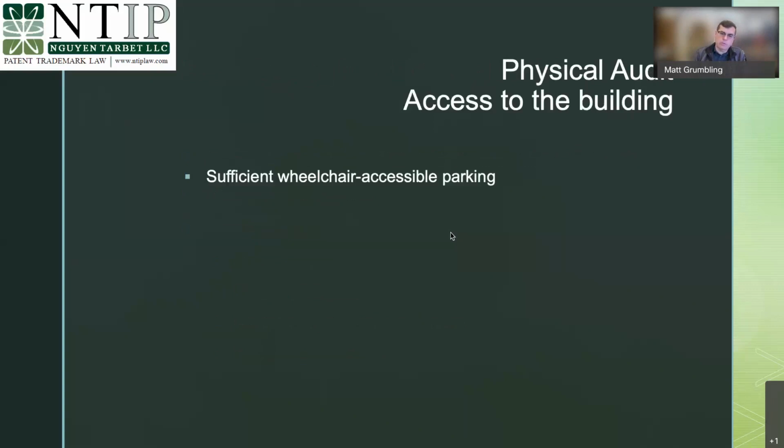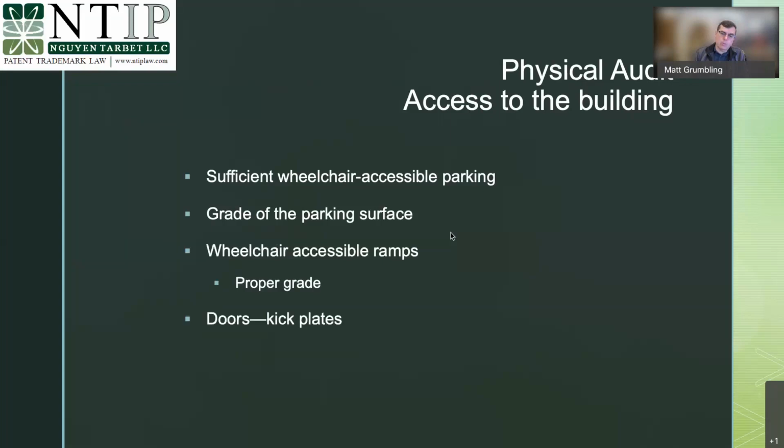Sufficient wheelchair accessible parking, grade of the parking surface, wheelchair accessible ramps, proper grade, and I think there are some requirements for non-slip surfaces, things like that. Kick plates on doors, elevators where it's necessary to access an above grade part of the structure.